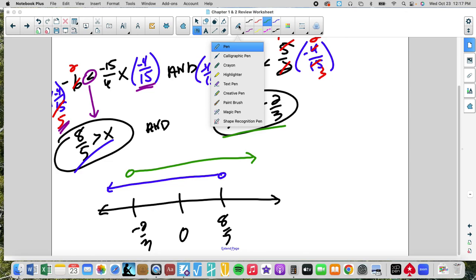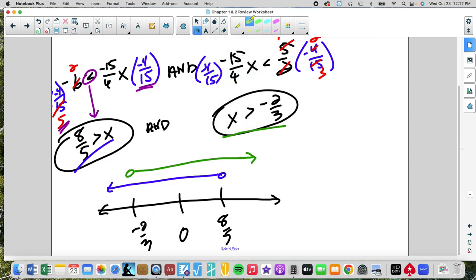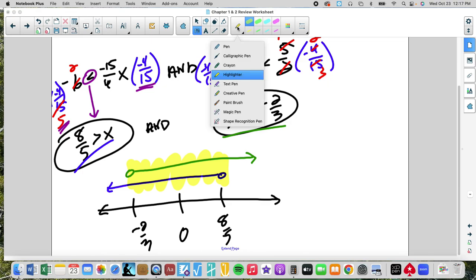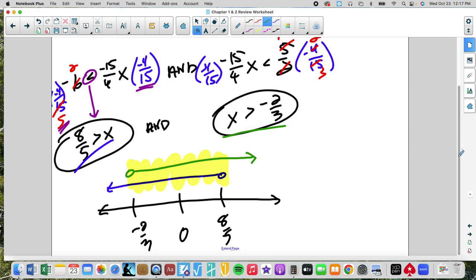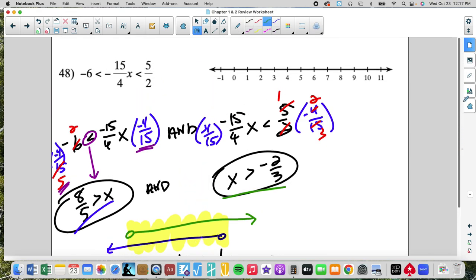And the overlap is going to be in this area. So my solution is going to go, let's see what I did with the number line. Oh my goodness. Negative 2/3. No, that's not right. Negative 2/3 open circle to, and that's here, 8/5 open circle going to there. So that's what it looks like.